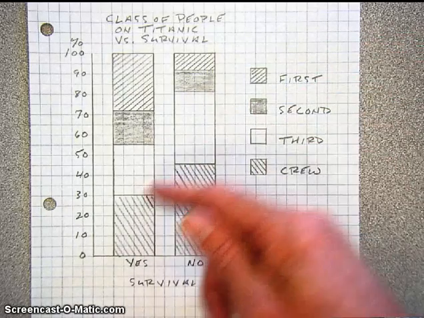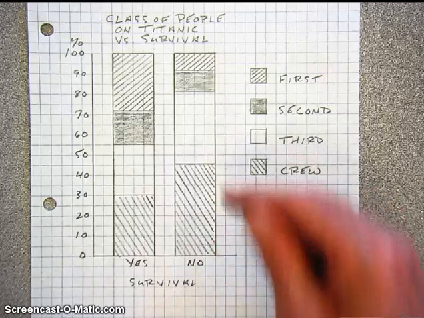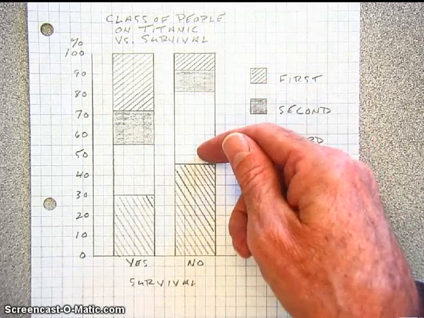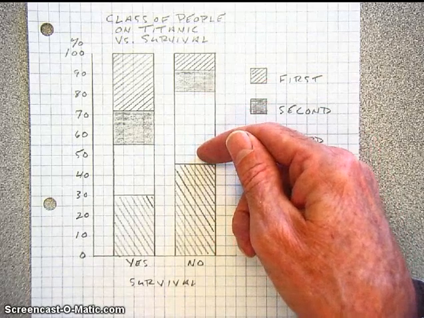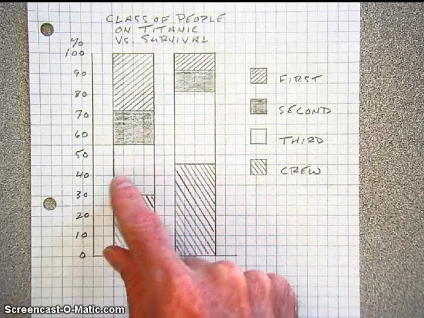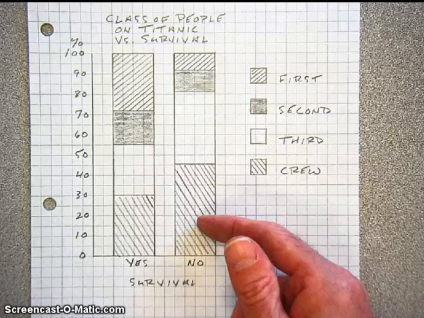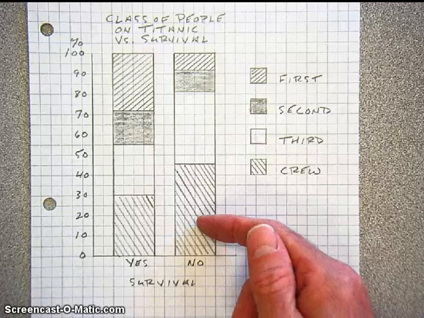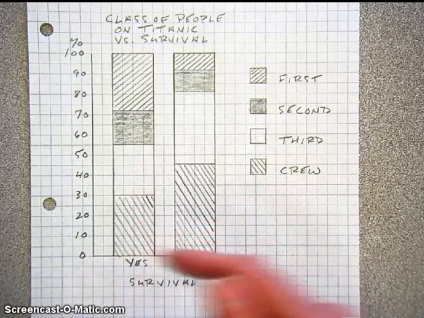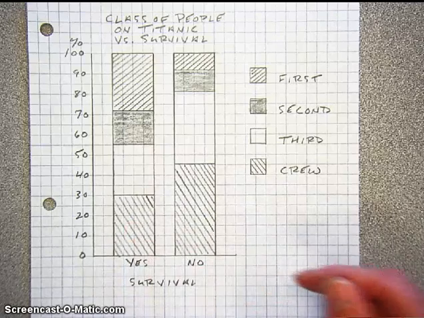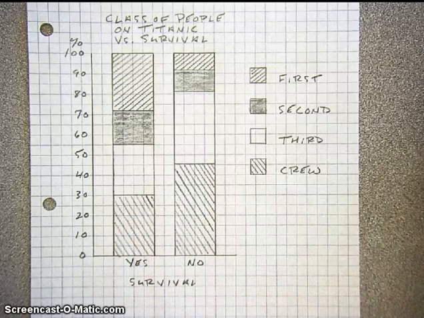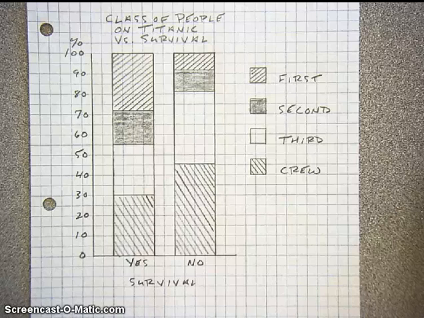And then the opposite is true for third class and crew. You see a larger percentage of the dead who were in third class versus the percentage of the survivors who were in third class, and a larger percentage of the dead who were crew versus the corresponding percentage among the survivors.